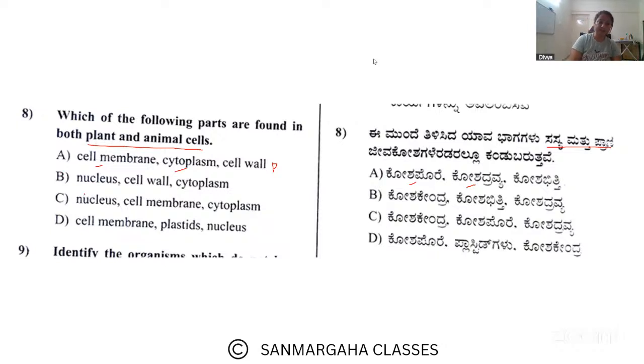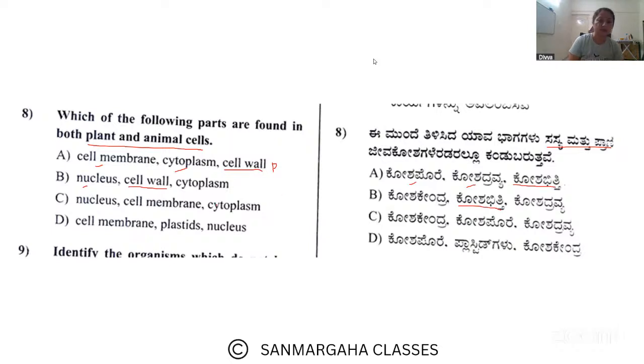Let's come to the next option. Nucleus, yes, in both plant and animal cells we find a nucleus. Then what about cell wall? No, again cell wall is found only in plant cells. Correct, here also we have mentioned cell wall is found in plant cell, right?